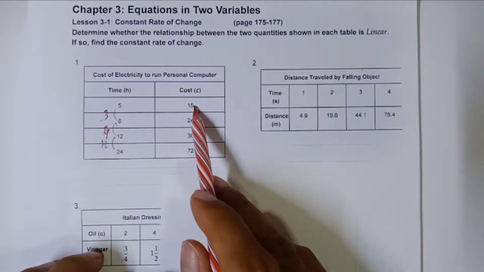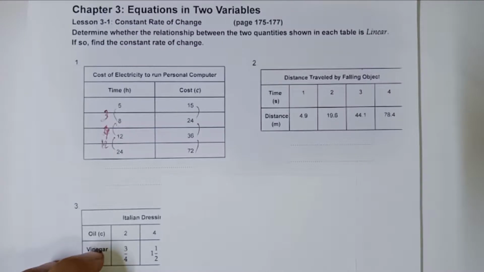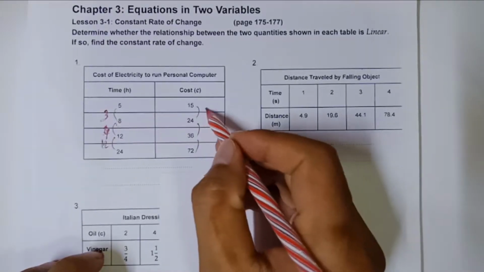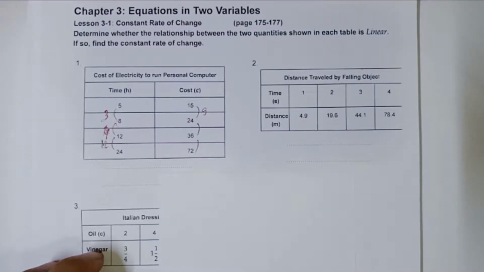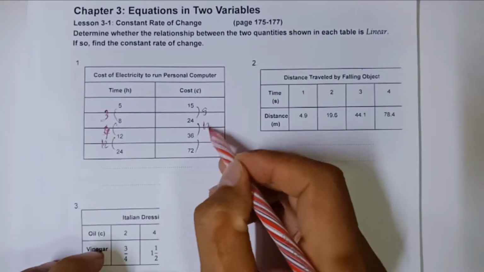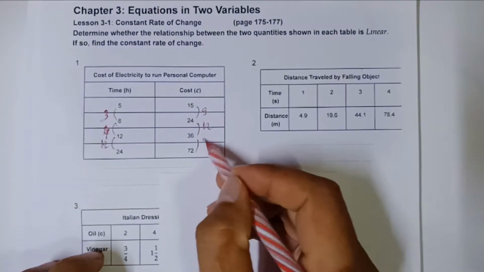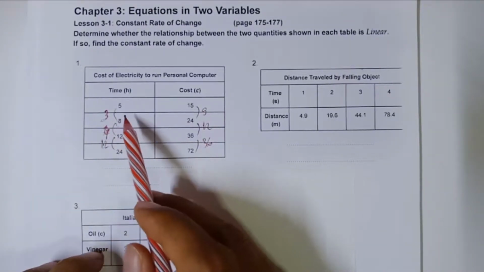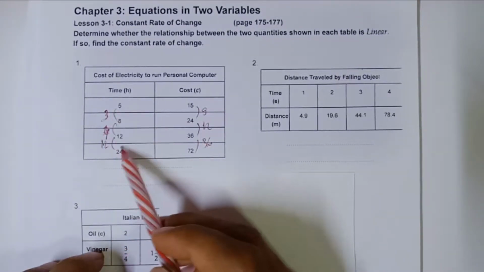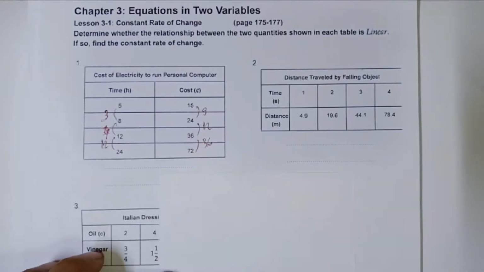You find the difference between 15 and 24: 24 minus 15, you have 9, and then 36 minus 24, you have 12, and then 72 minus 36, you have 36.